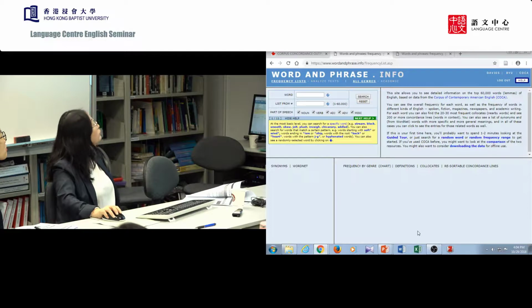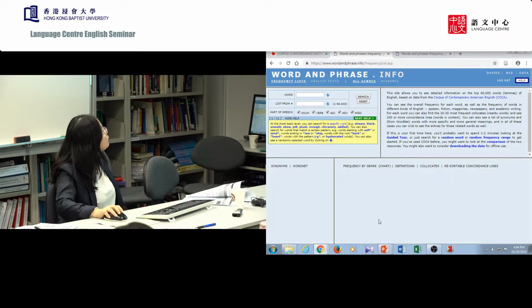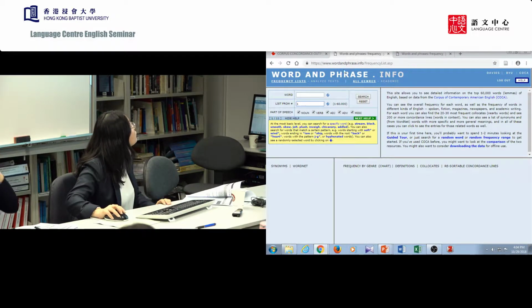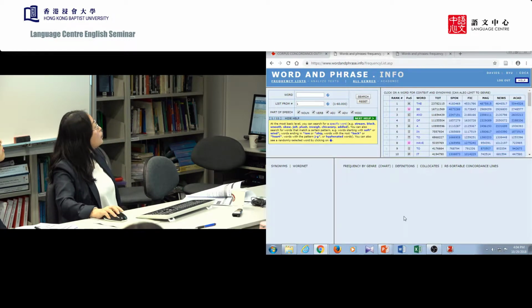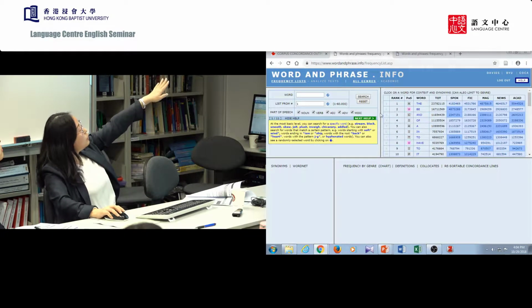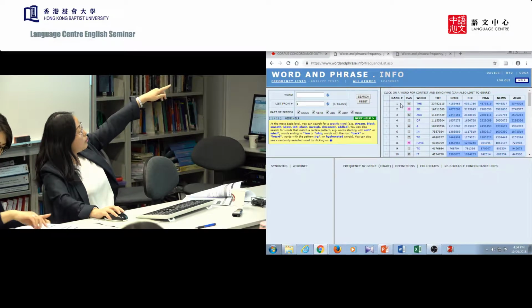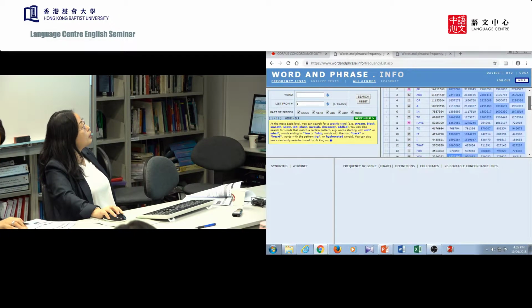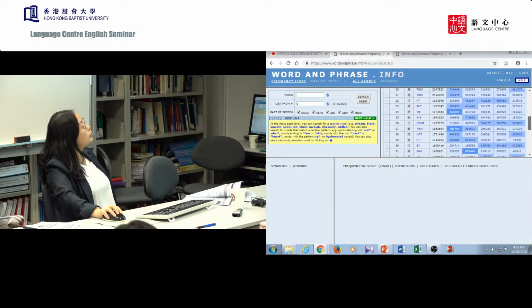It doesn't have anything. List from, search. You can see that with this function you can rank all the words from the first one, the most frequent, to the 60,000th word. So you can see clearly that "the" is the most frequently used word, and the most frequently used verb is "be," followed by "have," then "do," "see," and "go."